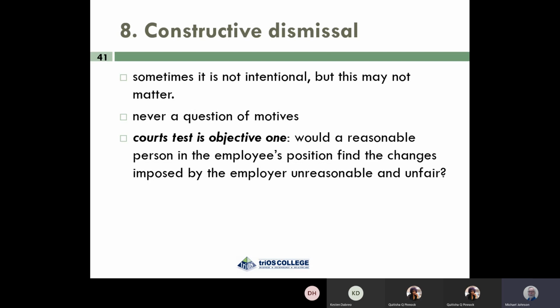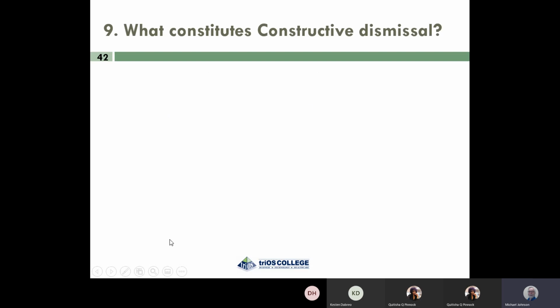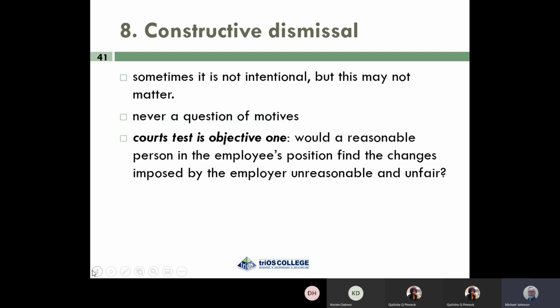Never a question of motives. And as they point out here, the court test is an objective one. Would a reasonable person, now this is a term I want you to remember. Reasonable person is a term that will come up again much, much later.